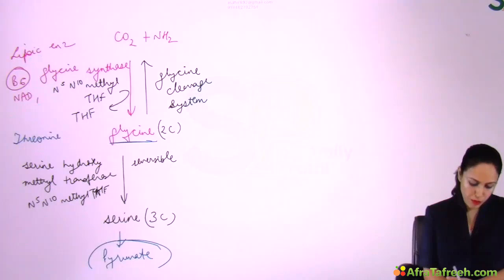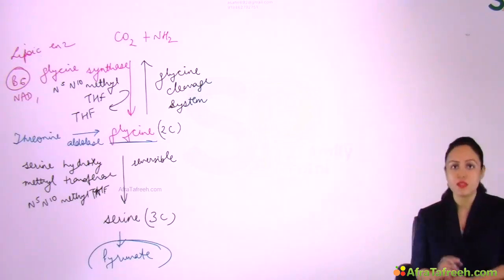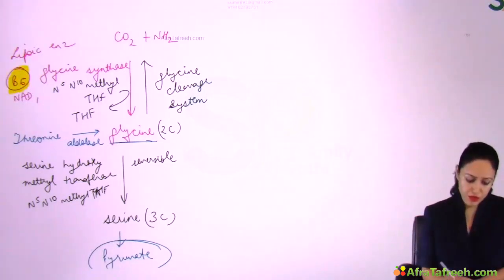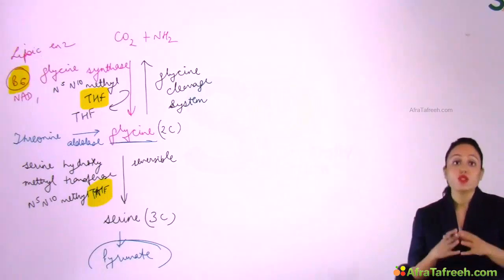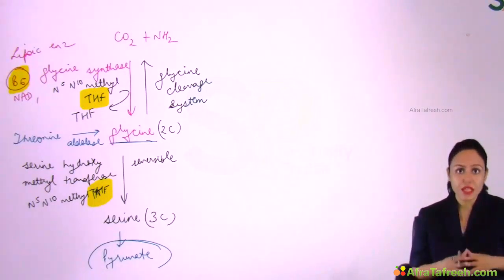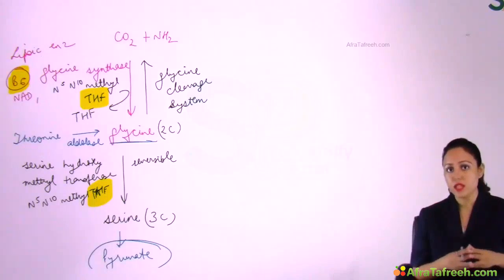It can also be formed from threonine by the enzyme threonine aldolase. So you can note one point here, that glycine metabolism is very much related to B6 and B9, that is tetrahydrofolate. So glycine metabolism is very much linked with tetrahydrofolate and vitamin B6 metabolism, right?